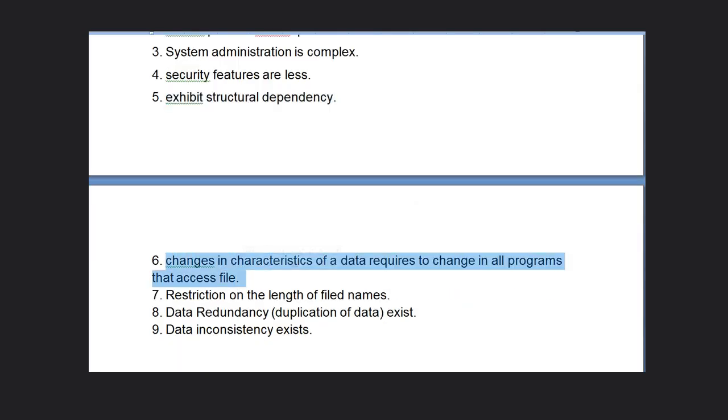The sixth one is that changes in the characteristics of data require changes in all the programs that access that file.